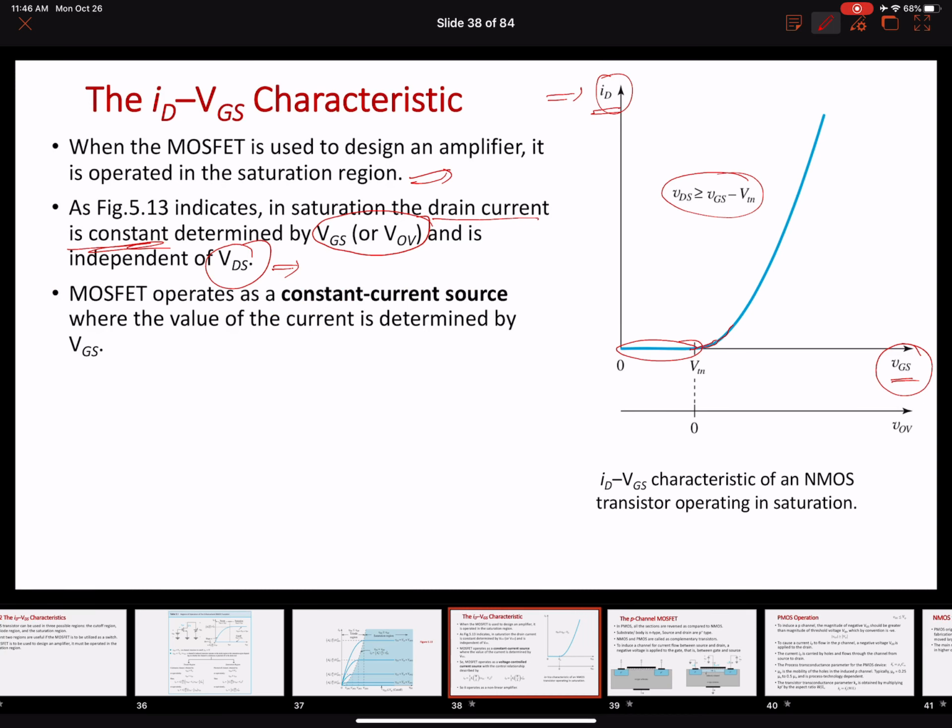Another important concept here is that while operating the transistor in the saturation region, we can operate the transistor as a constant current source, right? And the value of that current is determined by the VGS.